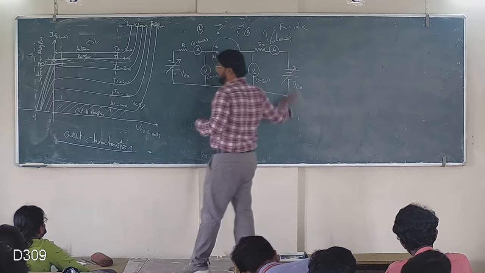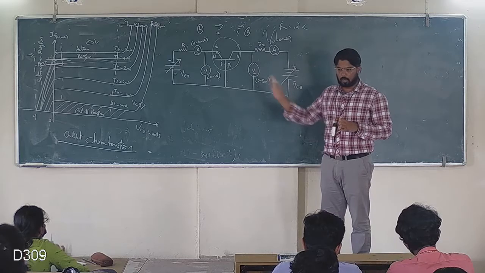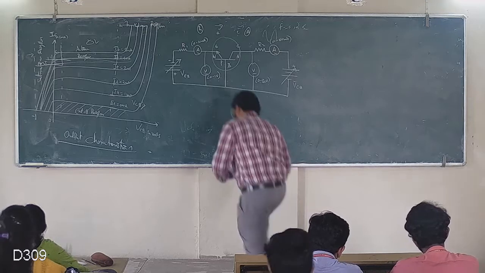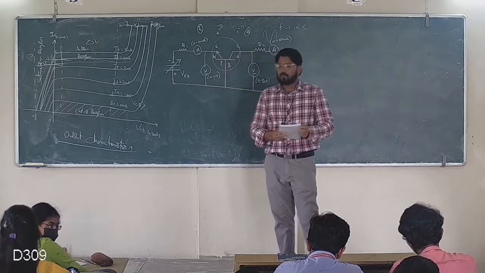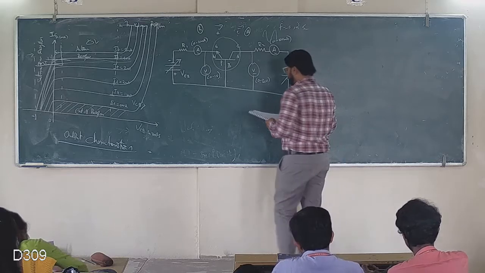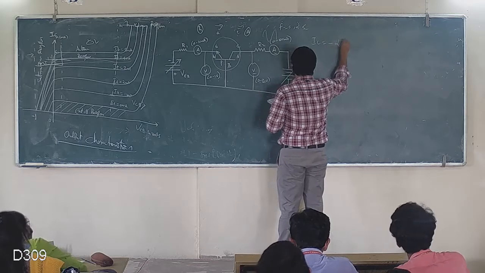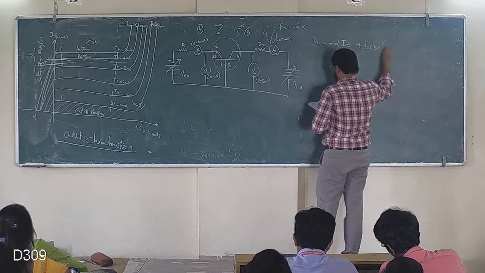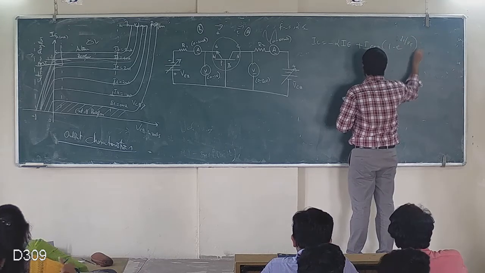So this is what we covered last class about the output characteristics of the common base configuration. Got the point? Now take down the general transistor equation: IC is equal to minus alpha IE plus ICBO times open bracket 1 minus e to the power of Vc divided by Vt.